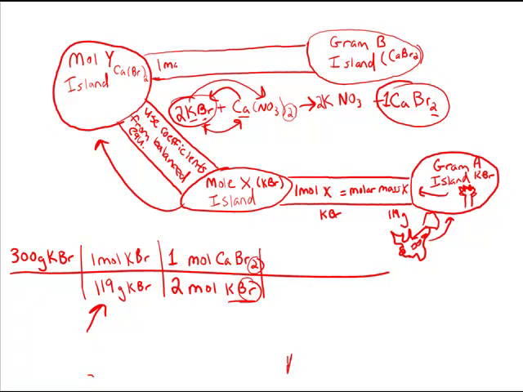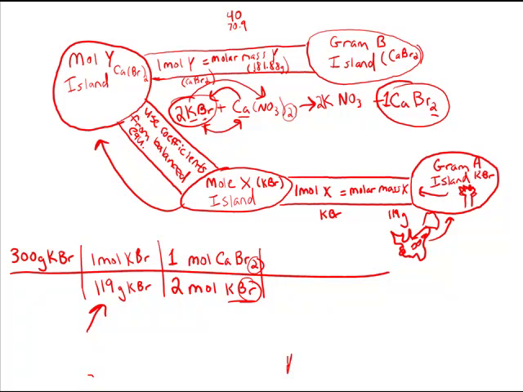So still here, 1 mole of Y, in this case CaBr2, equals the molar mass of Y, in this case calcium bromide, which equals calcium's about 40, bromine's about 79.9, so about 181.8, or 199.88 technically, if you use calcium's exact value, or not rounding.